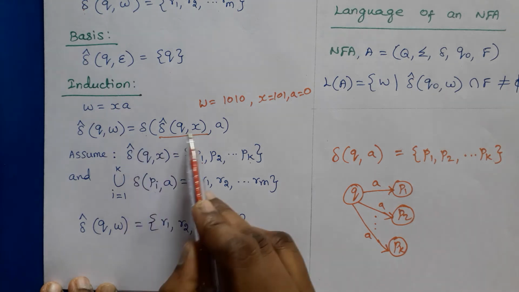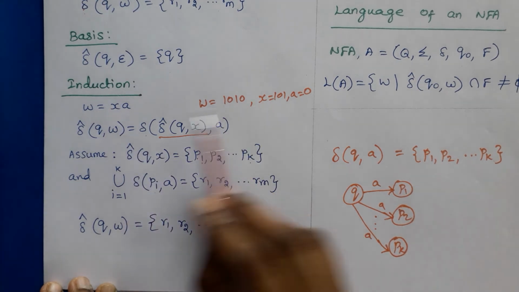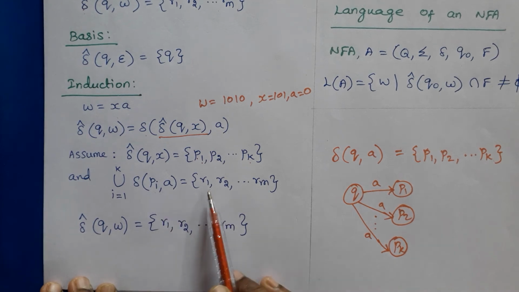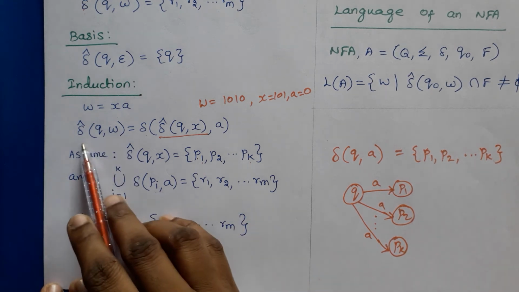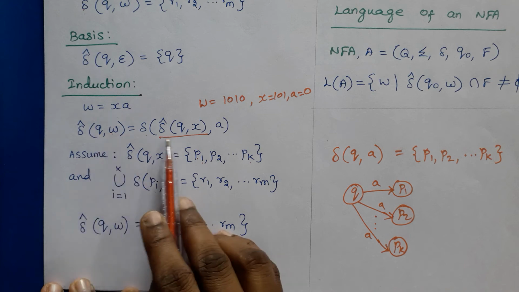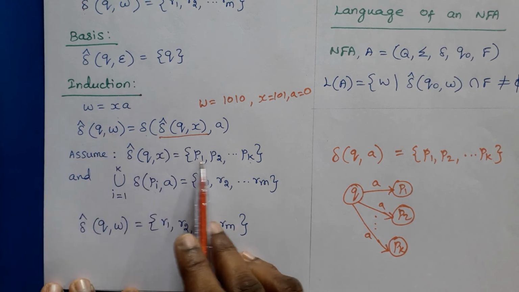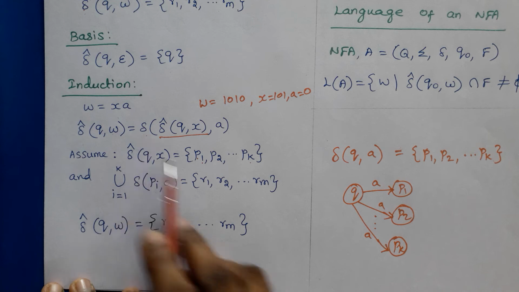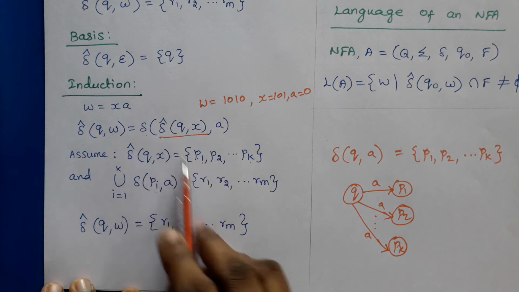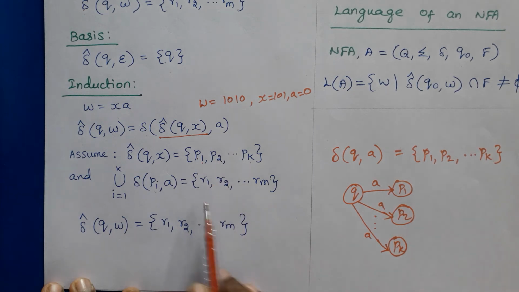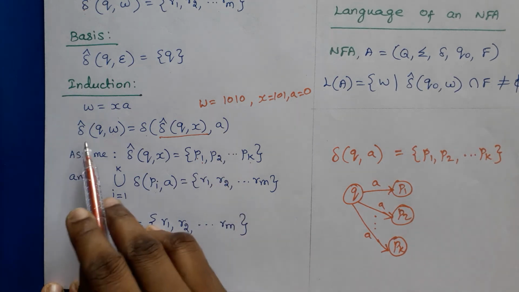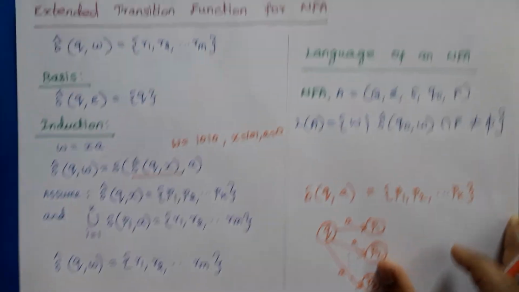That is, after reading the last symbol a, if the NFA is in some m number of states, then delta cap of q comma w is this r1 r2 up to rm. So if we want to find delta cap of q comma w, first we need to find delta cap of q comma x. Then we perform the union operation, delta of p1 comma a union delta of p2 comma a, etc. That result is the delta cap of q comma w.